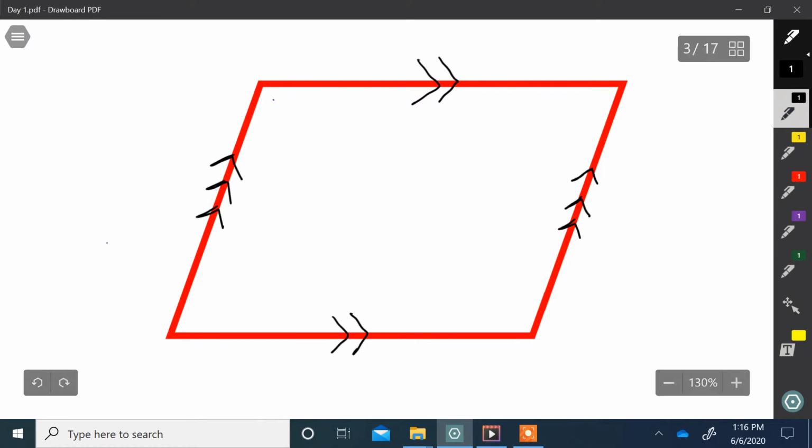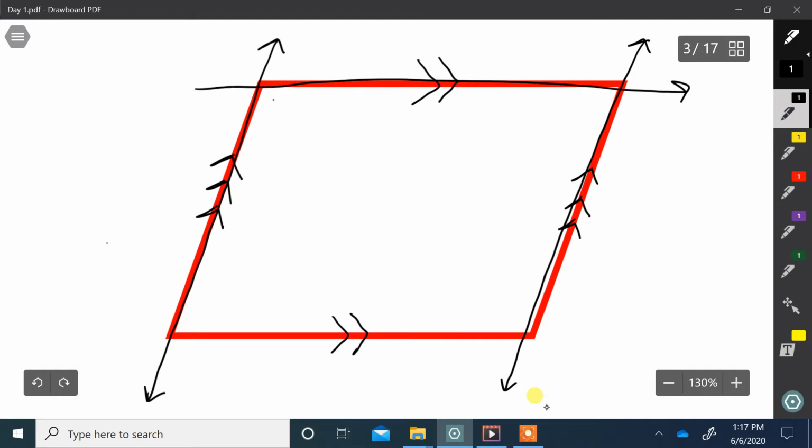Okay? So that means, well, it means a lot of things. I'm gonna draw everything out for you here, so you can see what properties are gonna follow with this. And of course, my lines are not very nicely drawn, but you get the point.